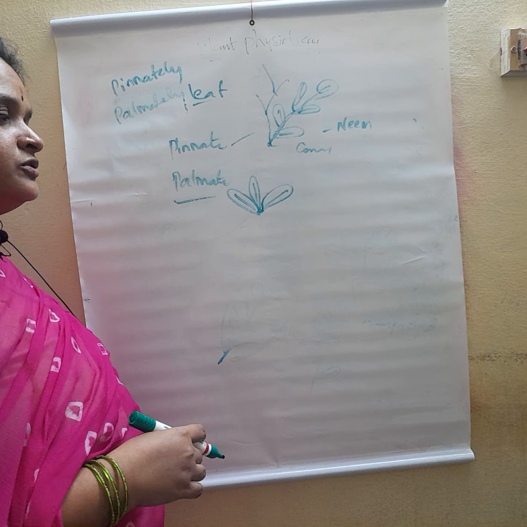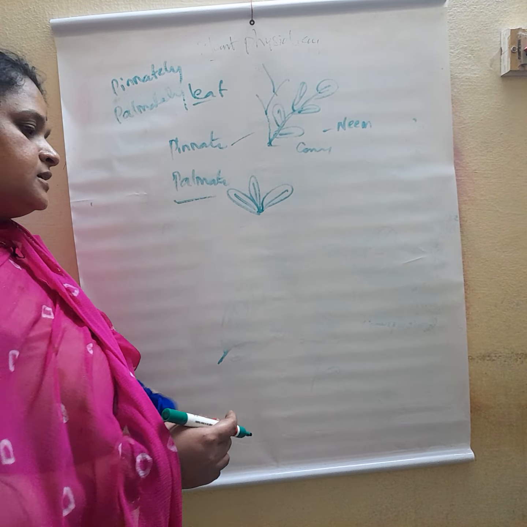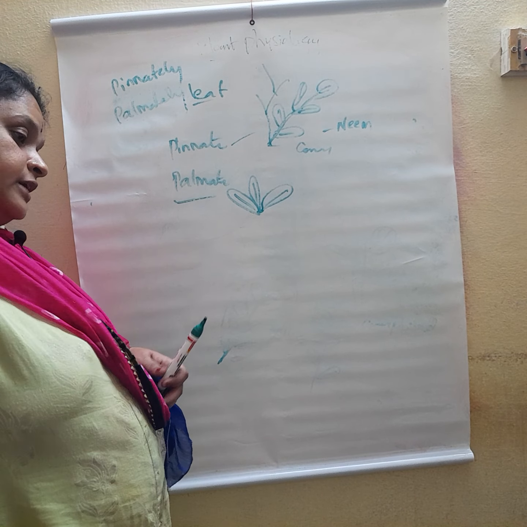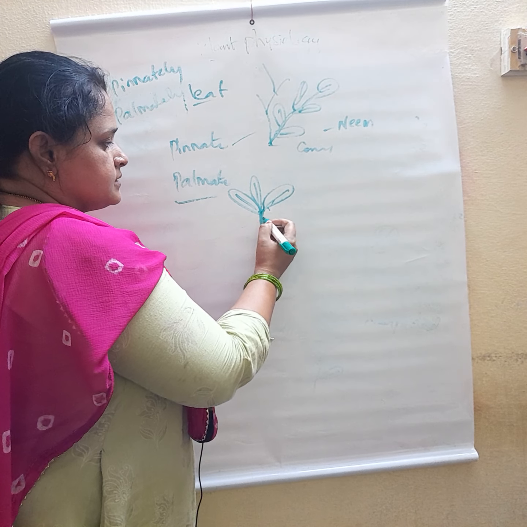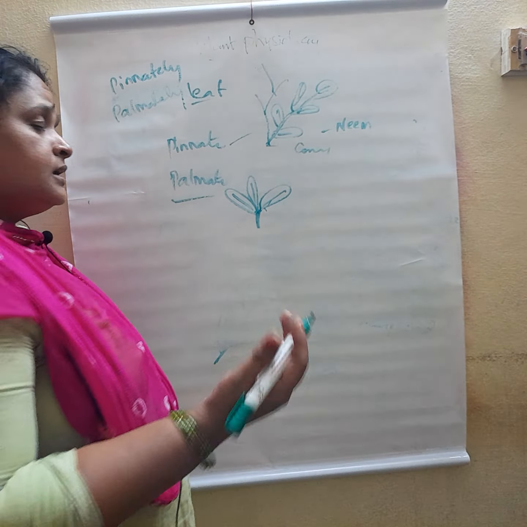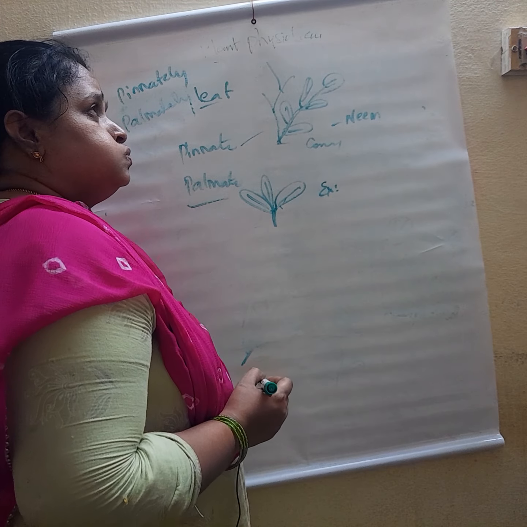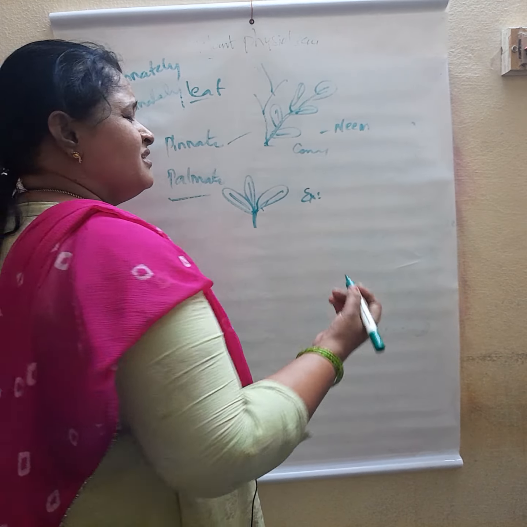Decompound leaflets are there, but it is not in your syllabus; it was in the previous syllabus. Coming to the palmate compound leaf, leaflets arise at a point. Example: palmately compound leaf, silk cotton.